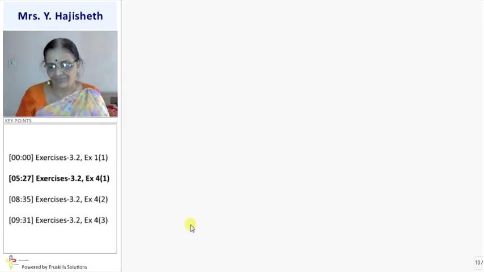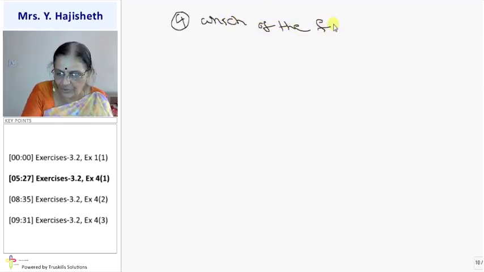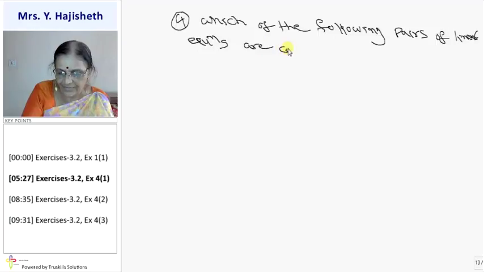Now the fourth sum of exercise 3.2 is: which of the following pairs of linear equations are consistent or inconsistent?